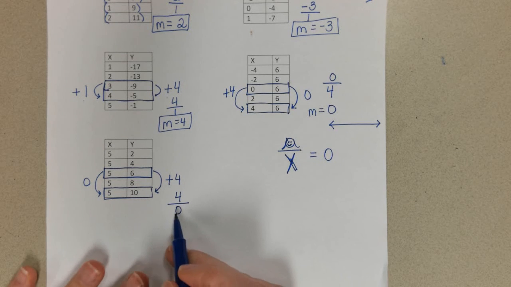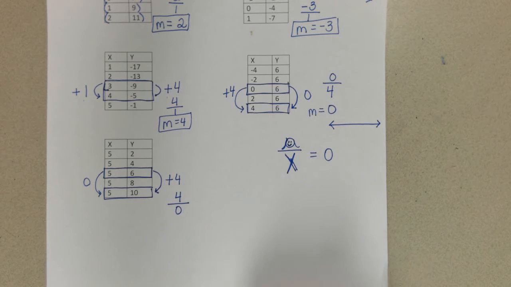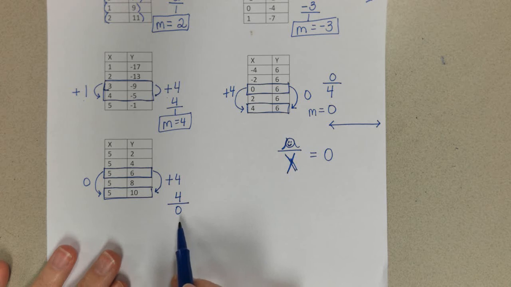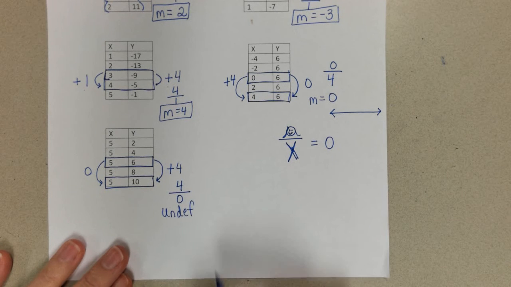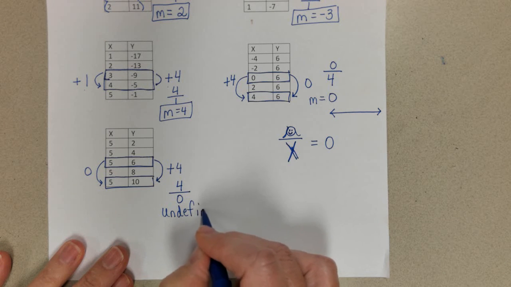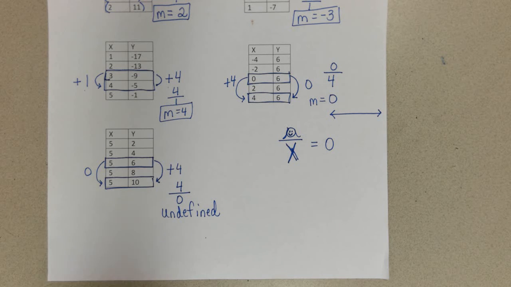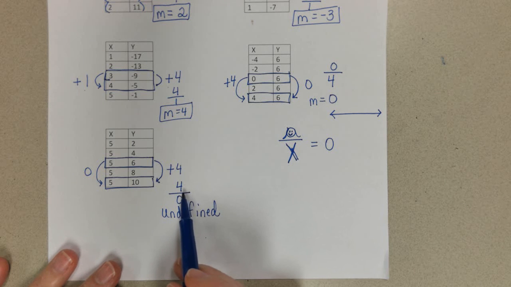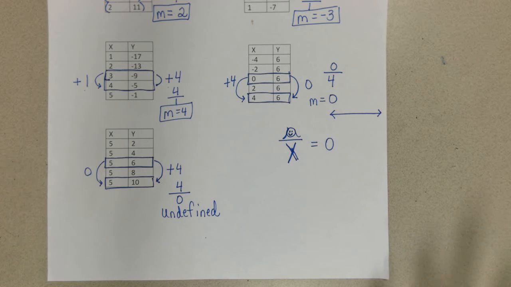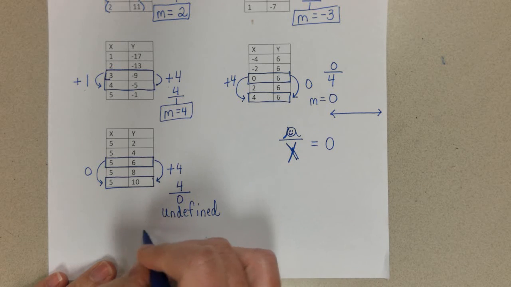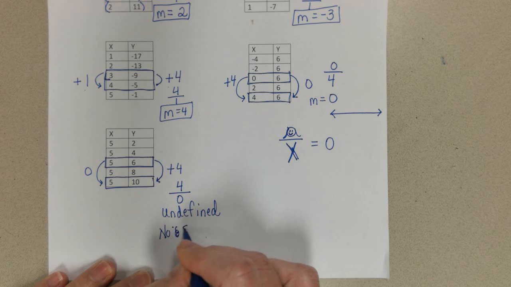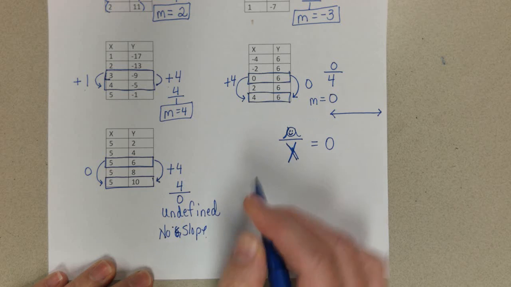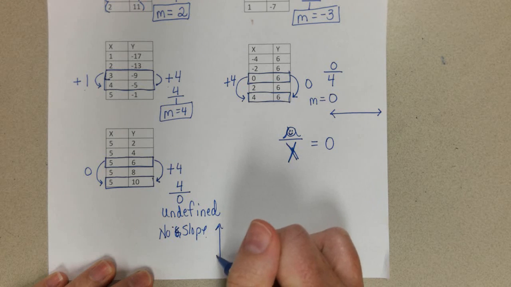Now, if you type this in your calculator, which I would encourage you to do so that you can see what it looks like, do 4 divided by 0. You're probably going to get a message that says something like undef or undefined. That's because 4 is not divisible by 0. It's not possible to do that. So this slope is undefined, or this would be one where we say it is no slope. Remember from our picture yesterday, this is a vertical line.